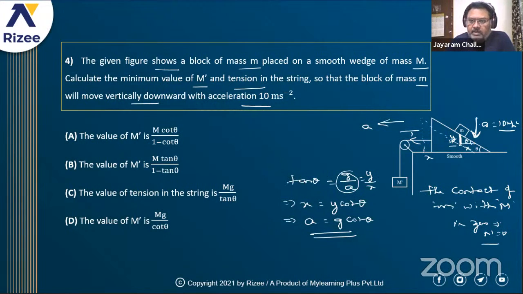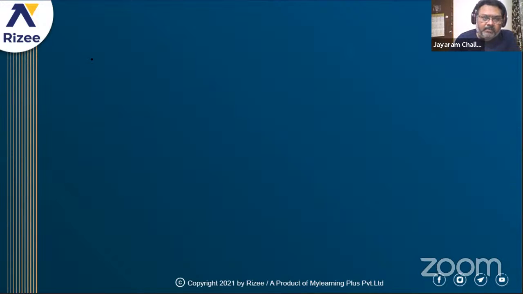So since the normal reaction is equal to 0, this is the tension. Here also the tension will be there. So under the equilibrium situation, that is accelerating, m dash g minus tension is equal to m dash into a acceleration, and tension T is equal to m into a.